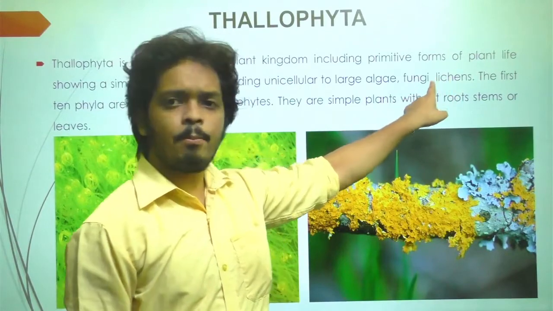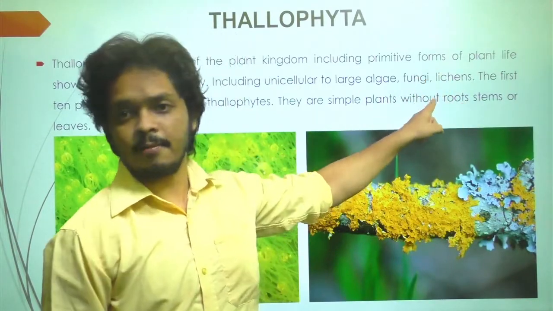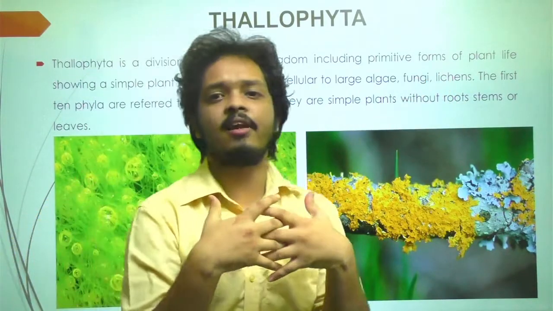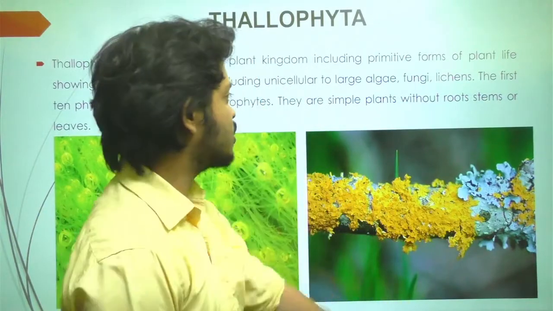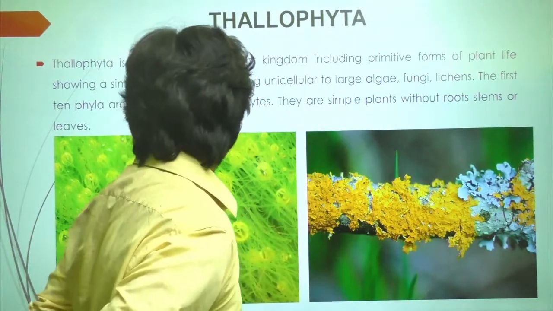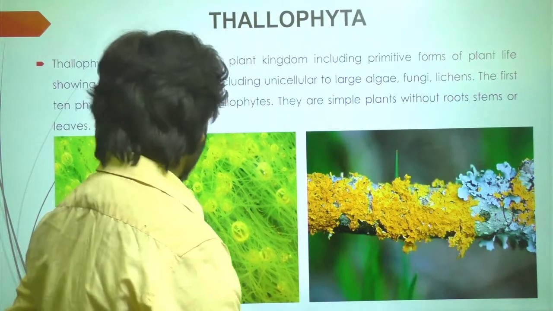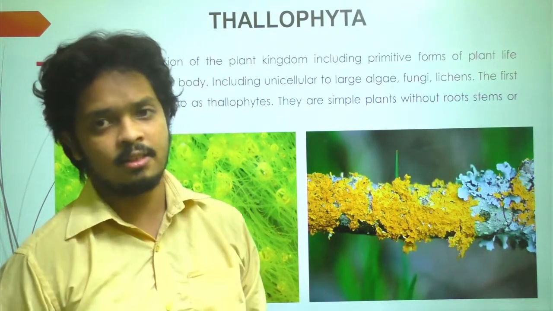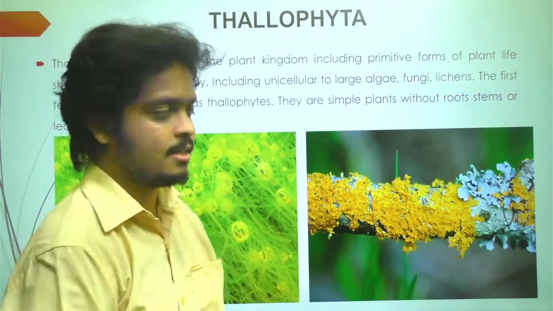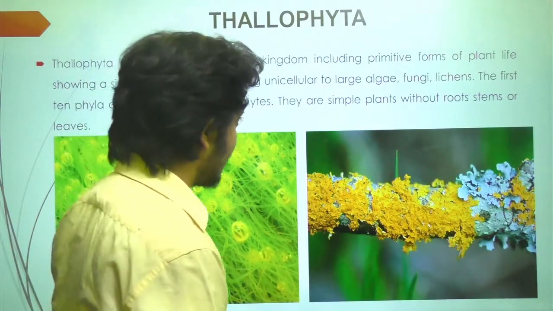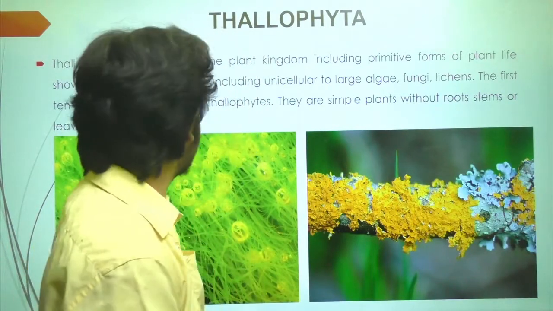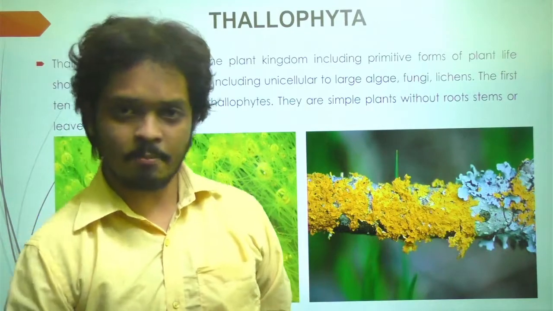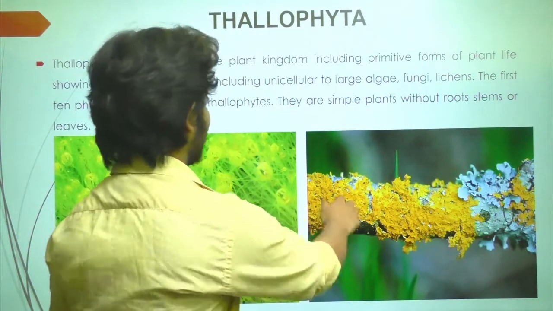It's a very important and very beautiful part of the plant kingdom. What happens is a symbiotic relationship between algae and fungi. This is called lichen. The first 10 phyla are referred to as the thallophytes. No specific divisions, thallophytes. They are simple plants without roots, stems, or leaves. Simple, clear, very nice. Now, let's move on.